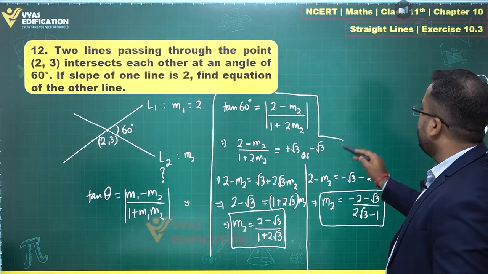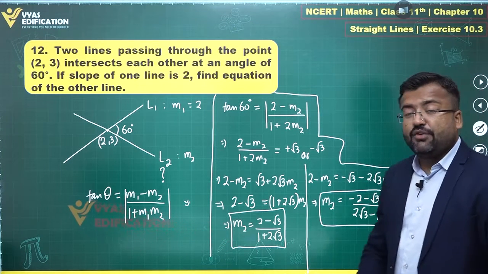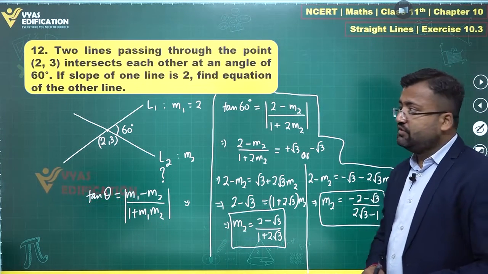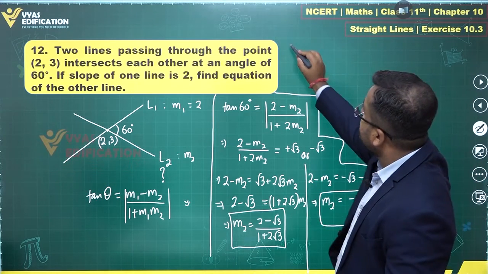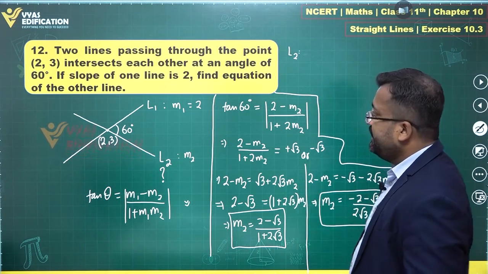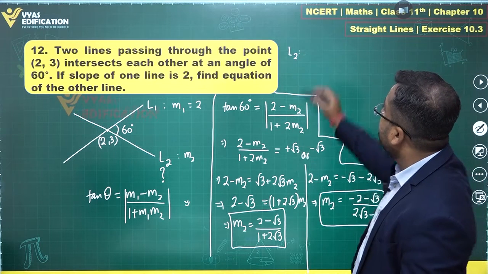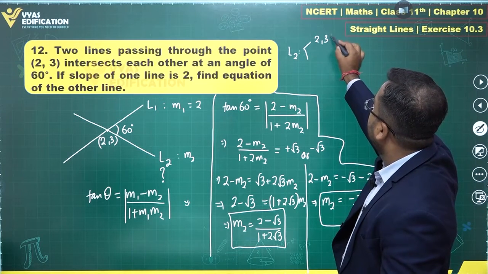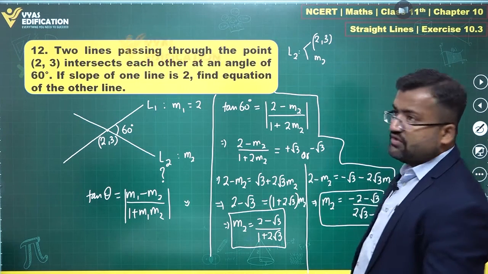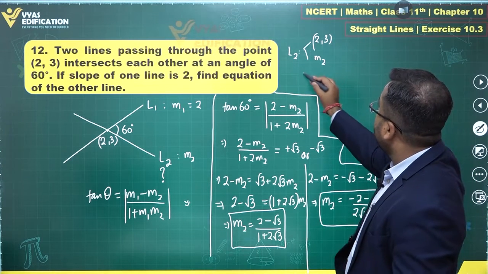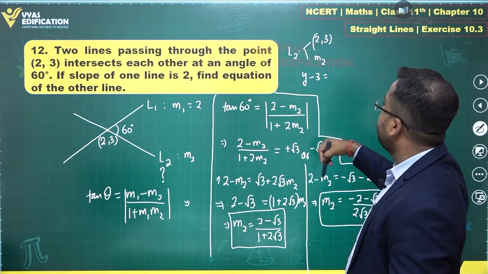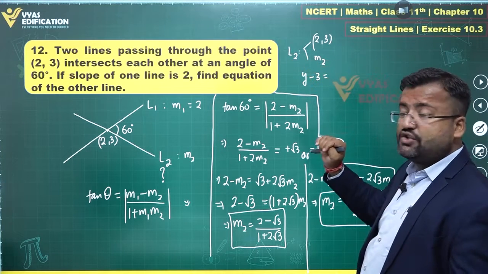Once you have found the two values of M2, it is time to find the equations of line 2 using them. For line 2, I have the point 2 comma 3 and M2. So the equation will be y minus 3 is equal to M2 times x minus 2.